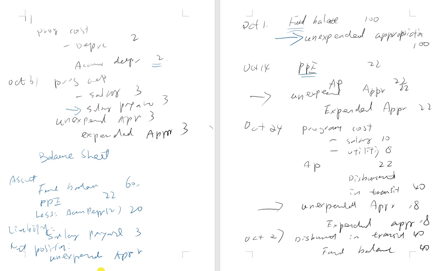And we just calculate that: that's 100 less the 22, less 18, and finally we're going to less 3. So what's left will be 57. And the final part is the cumulative results of operations.